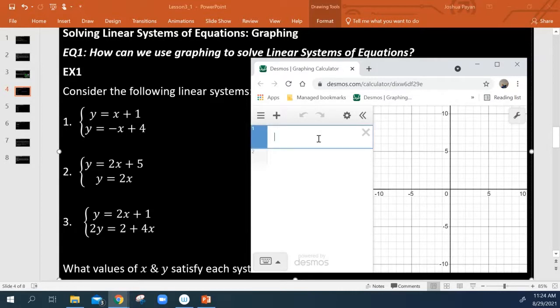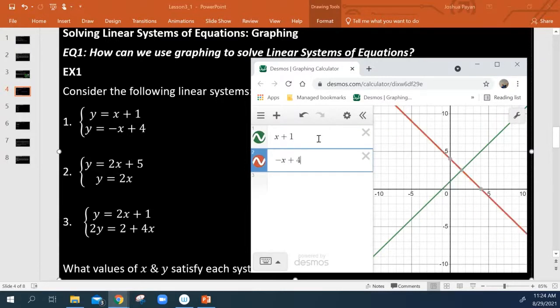Okay, so if I graph both of these, y equals x plus 1 and y equals negative x plus 4, we'd see a clear point of intersection, right? This point of intersection, 1.5 by 2.5, gives the values of x and y where both of these conditions are true, namely y equals x plus 1 and y equals negative x plus 4.